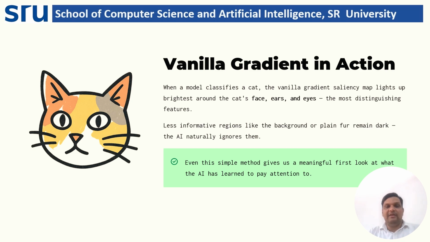Less informative regions like background or plain fur remain dark. The AI naturally ignored them. Even this simple method gives us a meaningful first look at what the AI has learned to pay attention to.